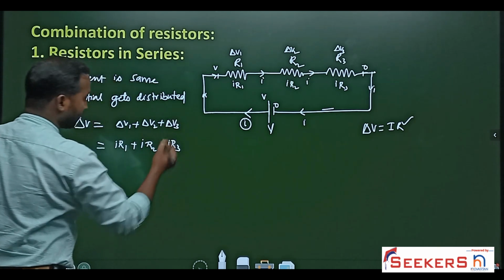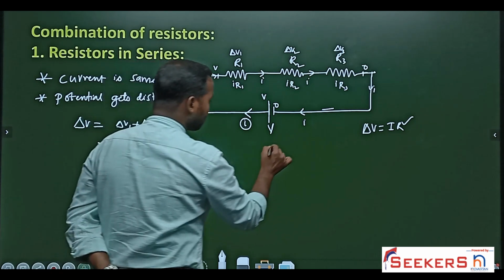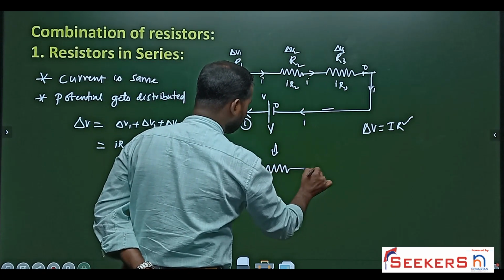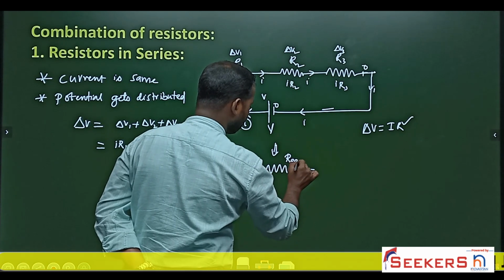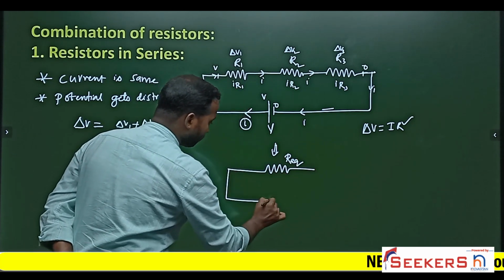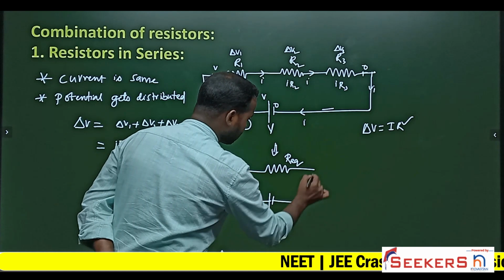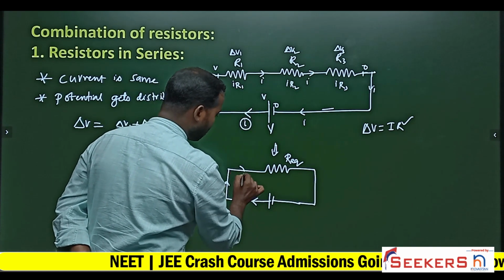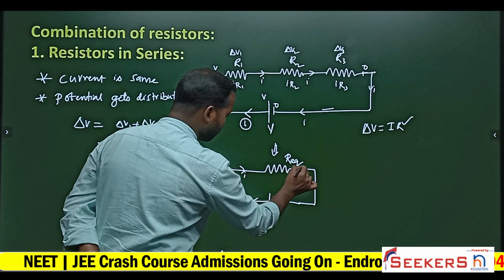Now instead of three resistors, if I have one single resistor whose equivalent resistance is R equivalent, and you connect this to the same cell, then current goes in this path from higher potential to lower potential.